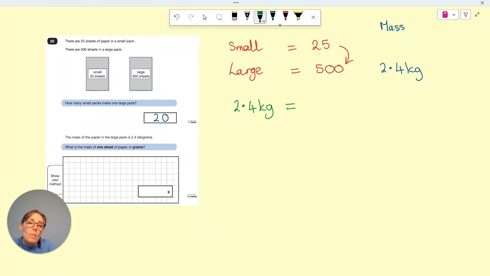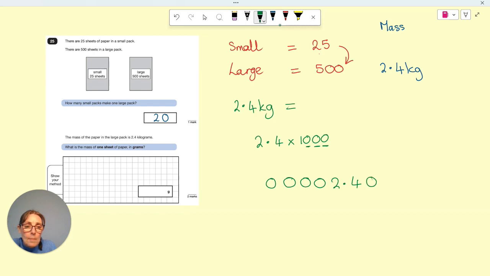So we've got to multiply 2.4 times 1,000. And because we have 3 zeros there, it means it moves up the place value system 3 times.